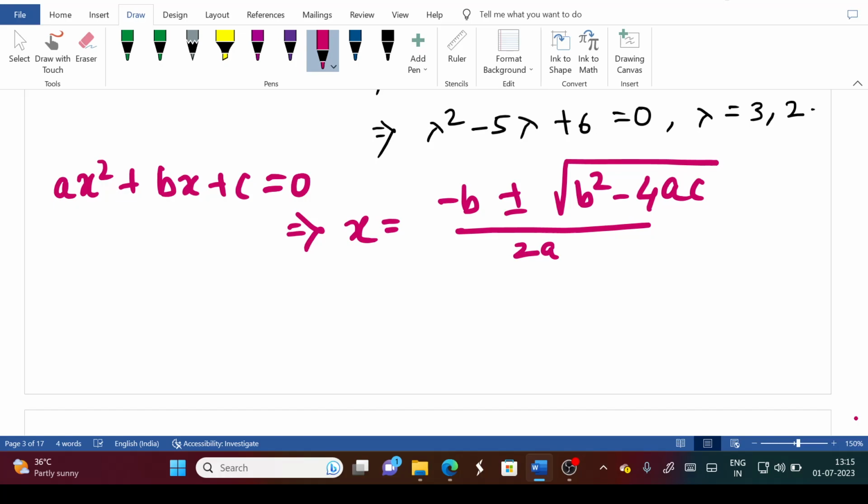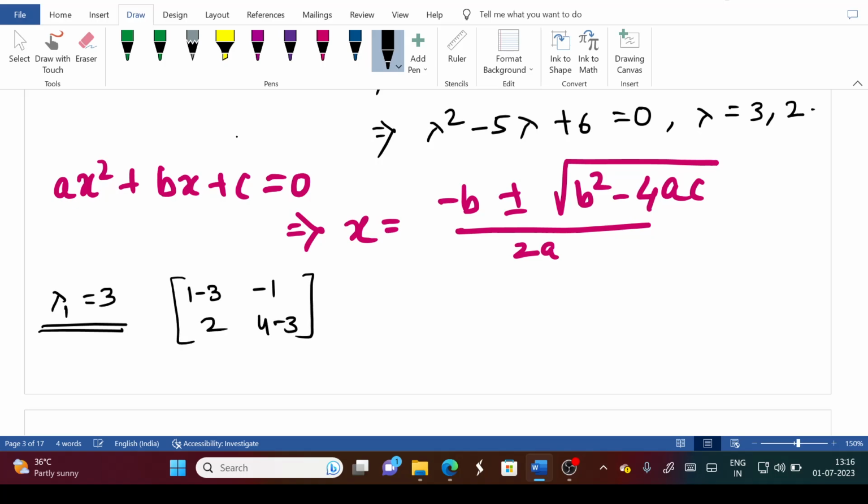Now for lambda is equal to 3, let us find the eigenvector. What is our target? To find the eigenvector for lambda 1 is equal to 3. So we take [1 minus 3, -1; 2, 4 minus 3], which is nothing but [-2, -1; 2, 1].